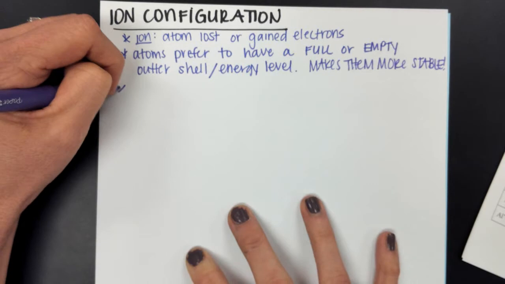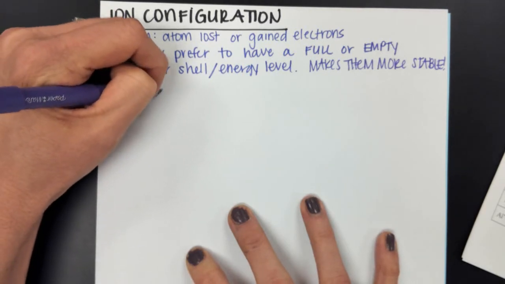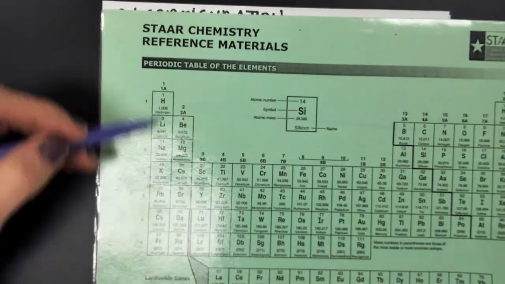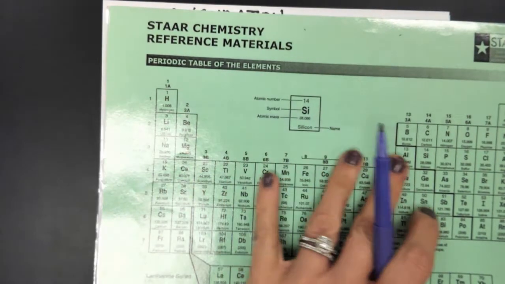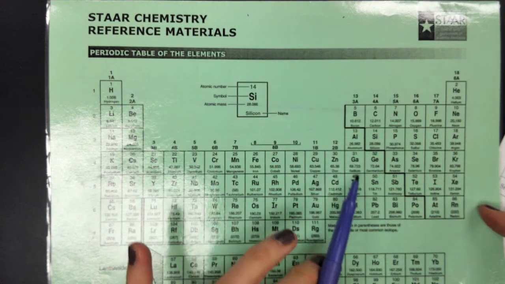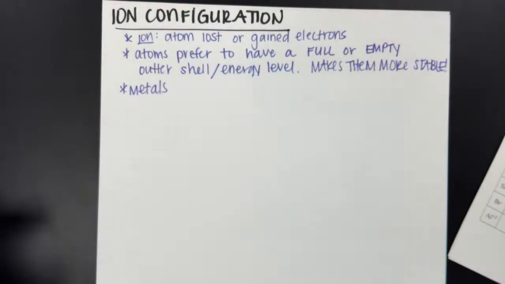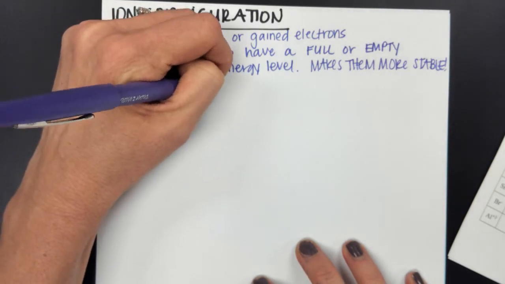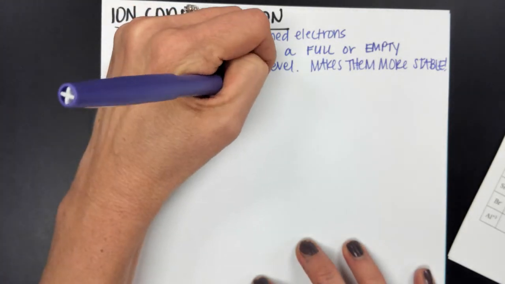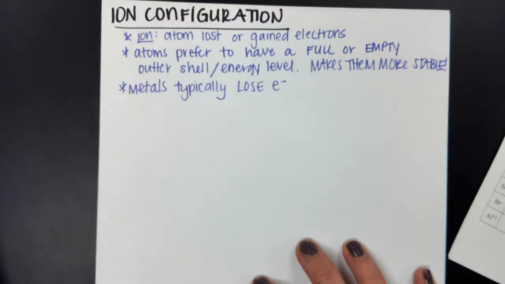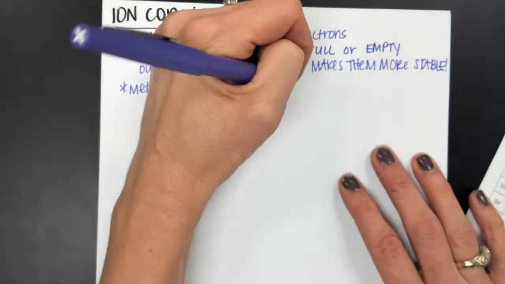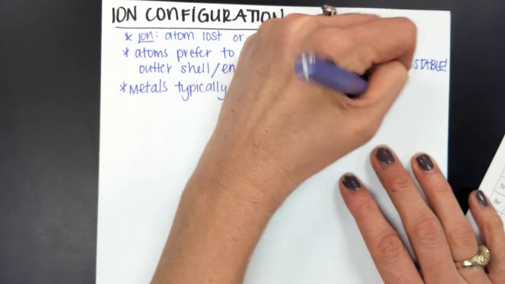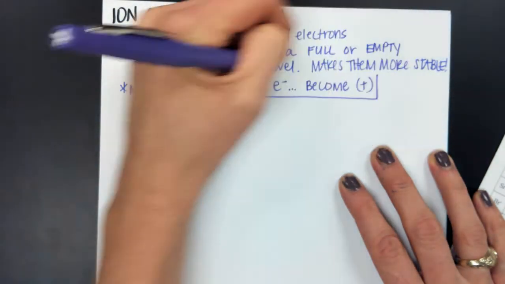Okay? So metals, and remember where metals are. They are your alkali metals, alkaline earth metals, transition metals, and even some over here in this P block. Metals typically lose electrons. Okay, so they will typically become positive, right?